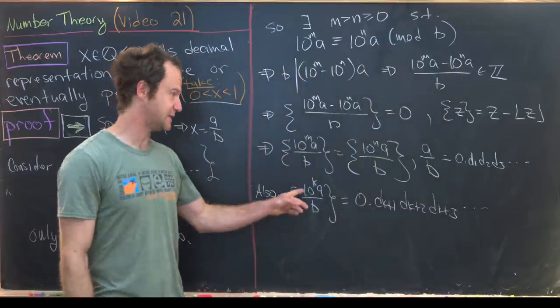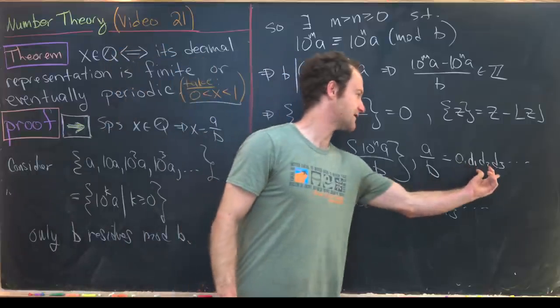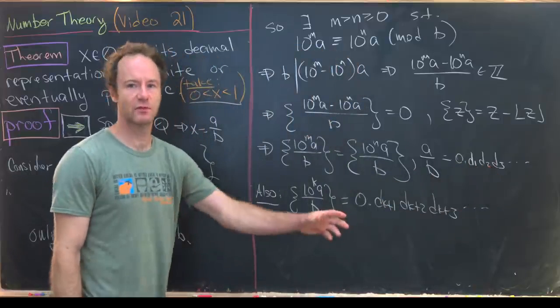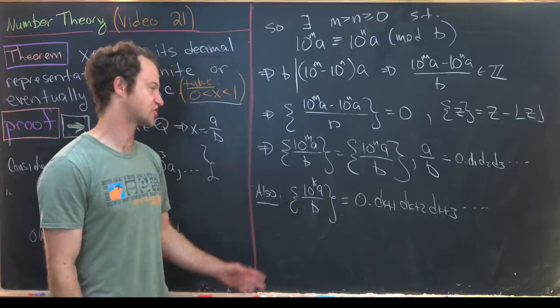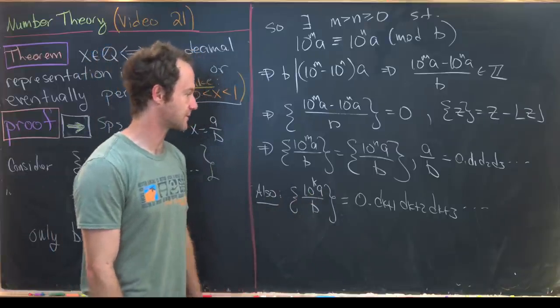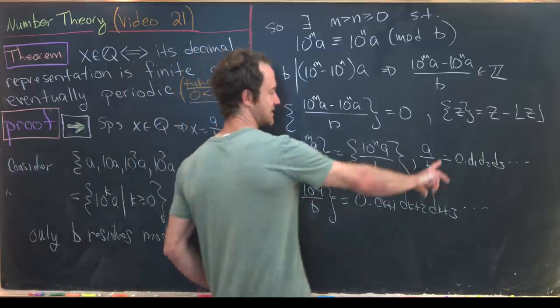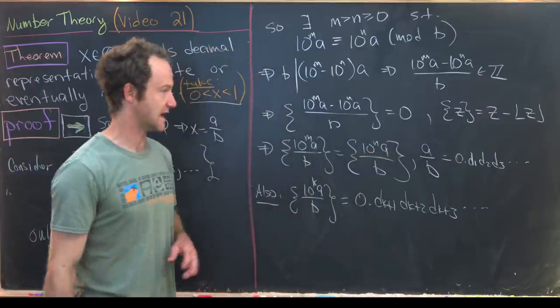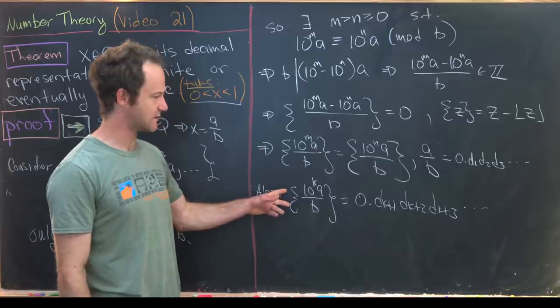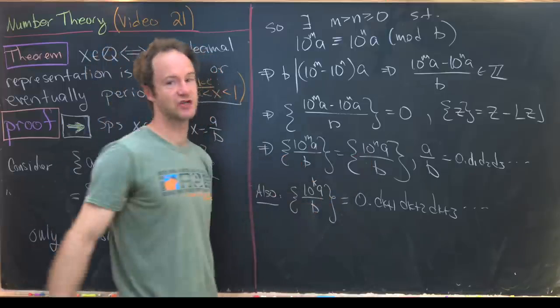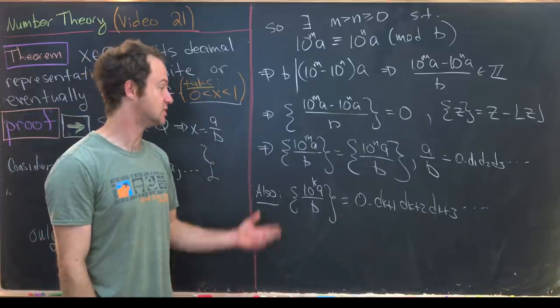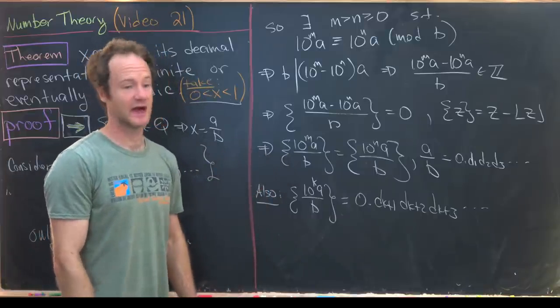And why is that? That's because we're moving k of these digits from the right-hand side of the decimal point to the left-hand side of the decimal point. But when we calculate the fractional part, that means it's going to disappear. Okay, so now we can take this expression for a over b as a decimal expansion, and this little fact that we just noticed, and plug them into this equation involving the fractional parts of these two objects and see what we have.